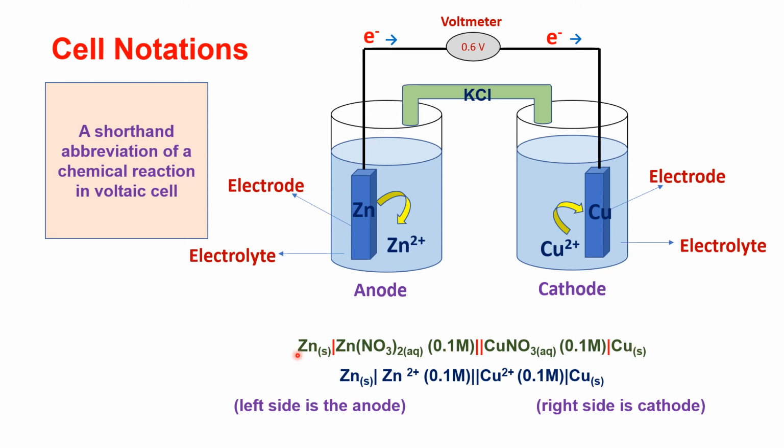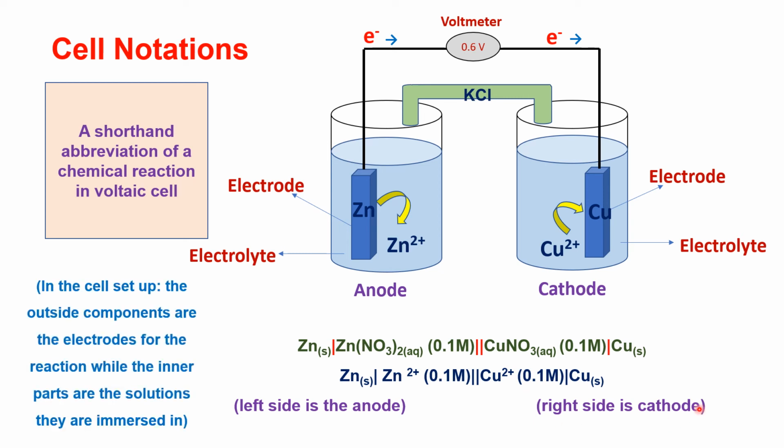If we simplify this formula: zinc electrode, followed by the zinc ion, followed by the salt bridge, then the copper ion and copper solid. Now the anode will always be on the left side and the cathode will always be on the right side.